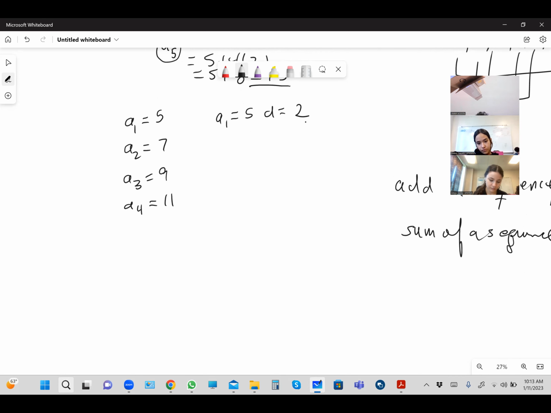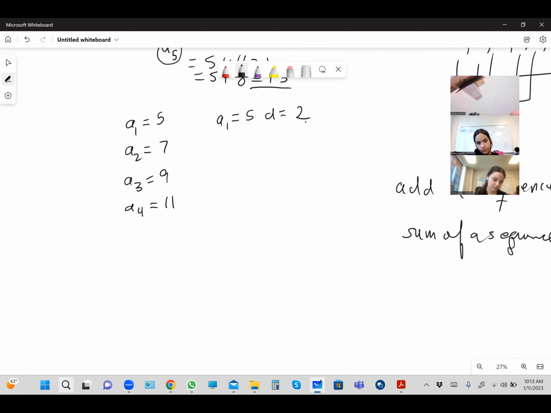Now, if I ask you to add terms 1 through 4, you have 5 plus 7 plus 9 plus 11. So that's 12 plus 9 plus 11. That's going to be 21 plus 11. So that's going to be 32. But if the sequence gets too big, I can't do it that way.